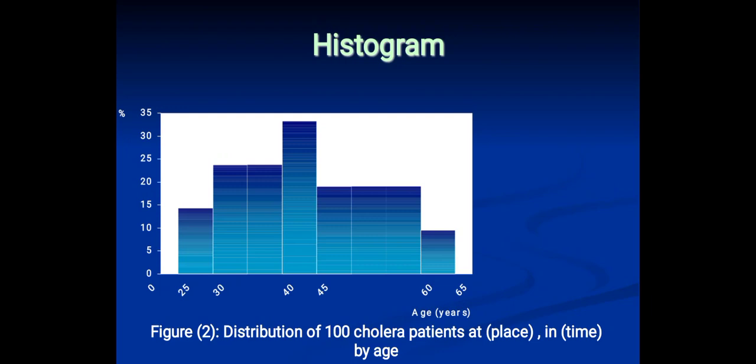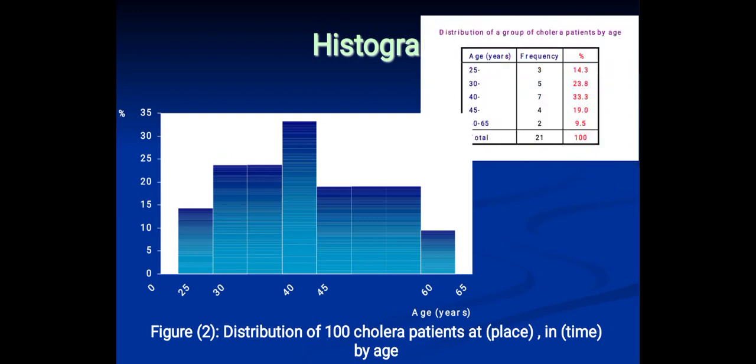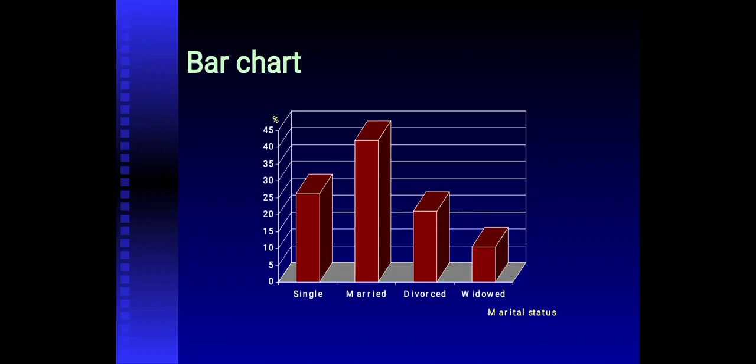Based on the data, we can mark the values and we can draw a bar diagram. It is also called a histogram. Here a distribution of a group of cholera patients by age is given as an example for histogram.